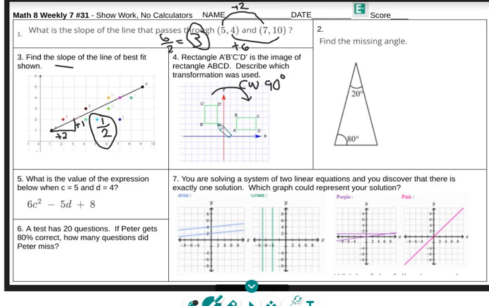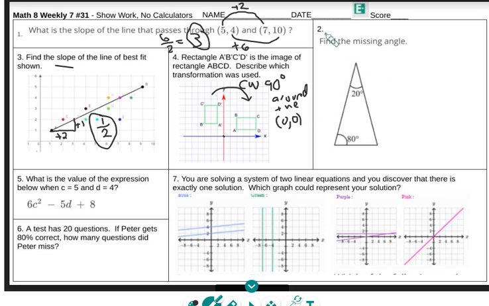Now you want to figure out what is the point they rotated around, and they rotated around the origin. So you would want to say around the, well, we can just call it (0, 0).